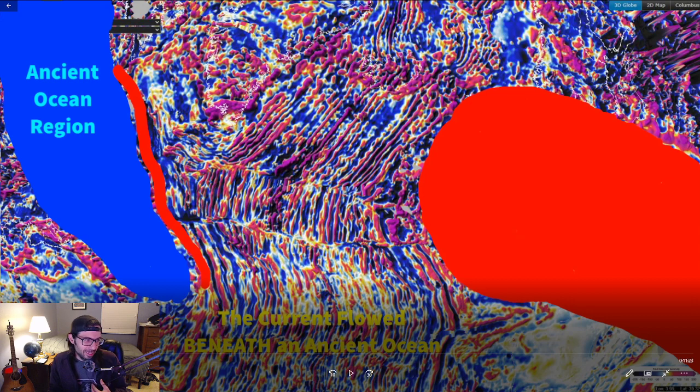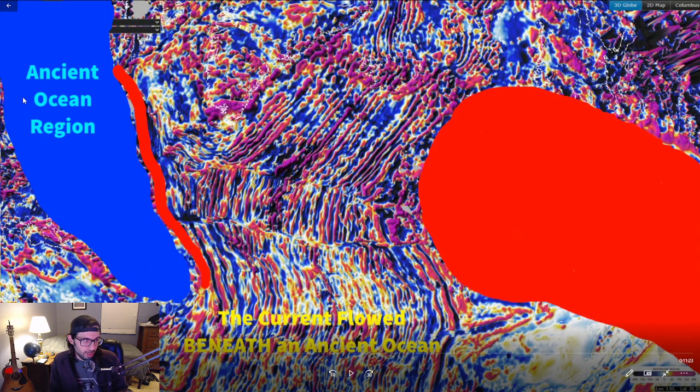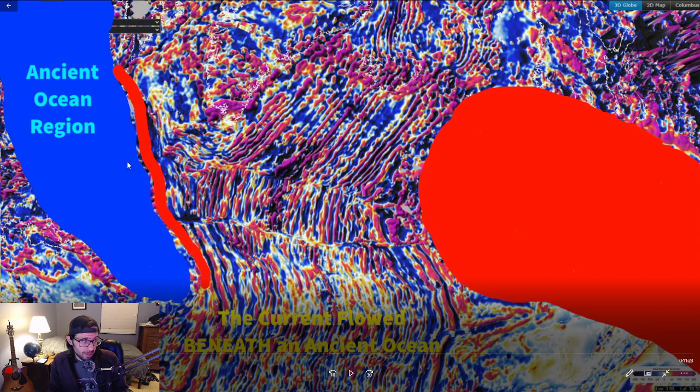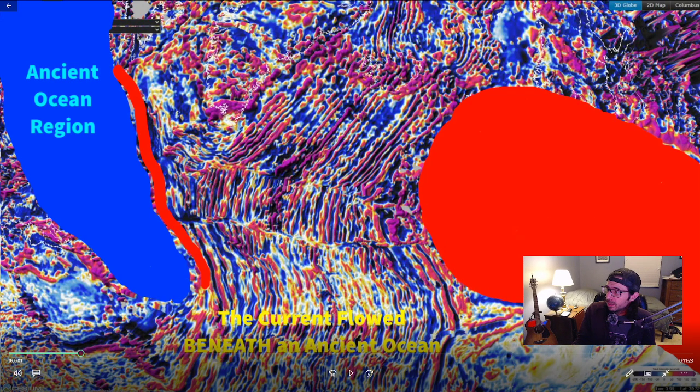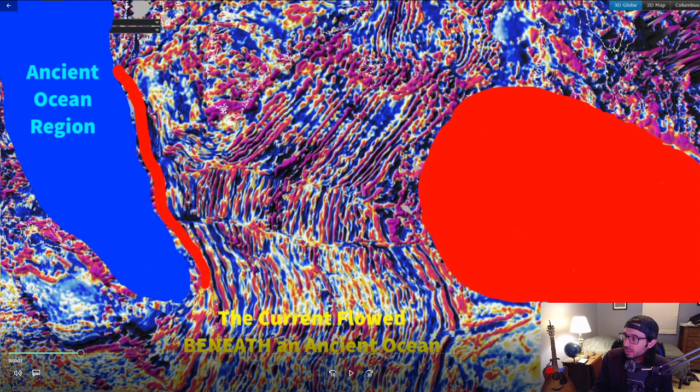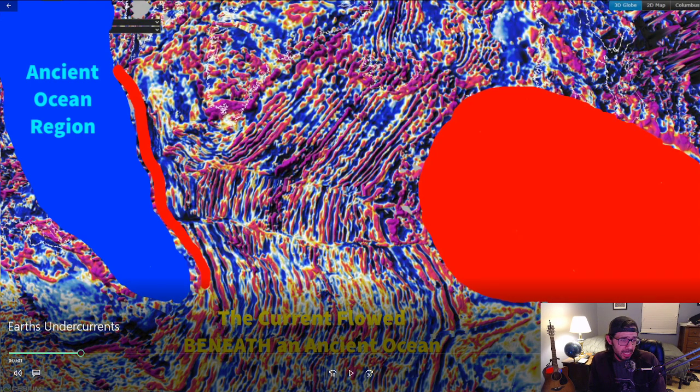I was thinking that what happens with the Younger Dryas is very closely related to this, where this current goes underneath, beneath the ancient ocean that Atlantis was within, and boils it pretty much and causes it to cycle.